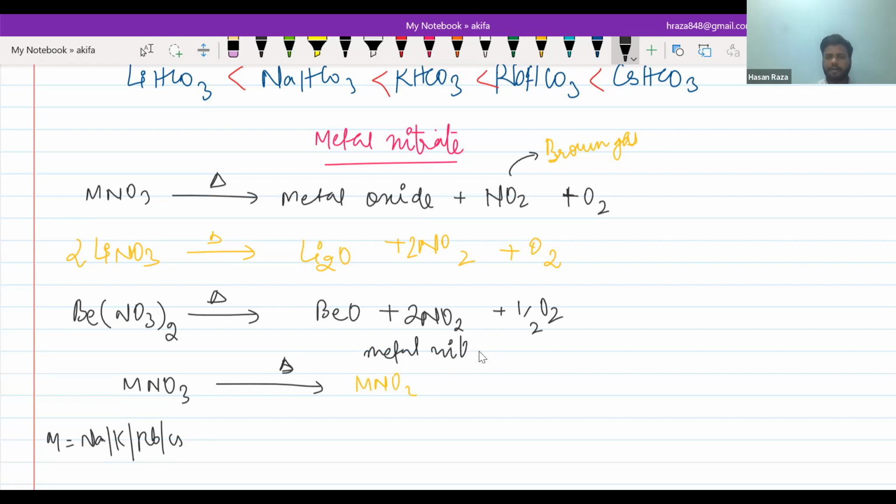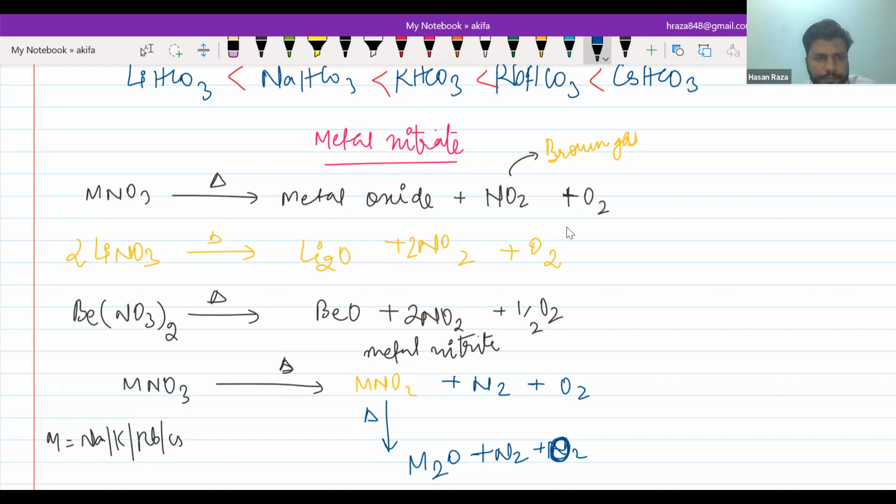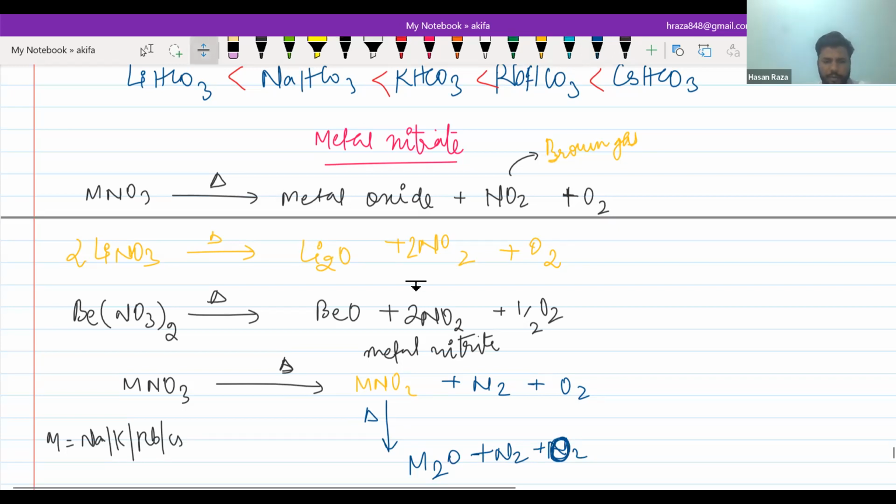MNO3 is nitrate, MNO2 is nitrite, along with O2. But if you continuously heat it, then it will be converted into metal oxide and then N2 plus O2. If you are giving strong heat, then it will be like this. Just write it and let me know.